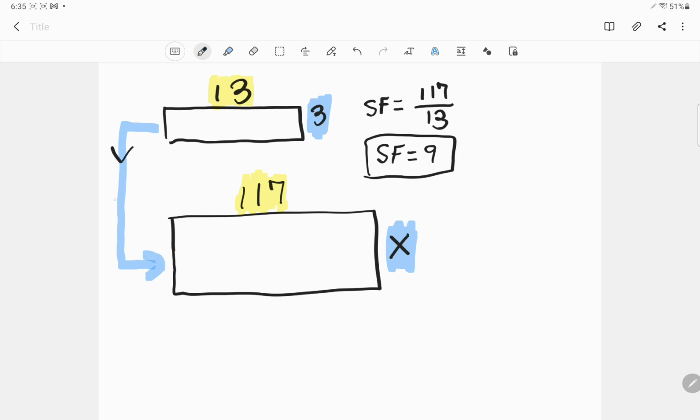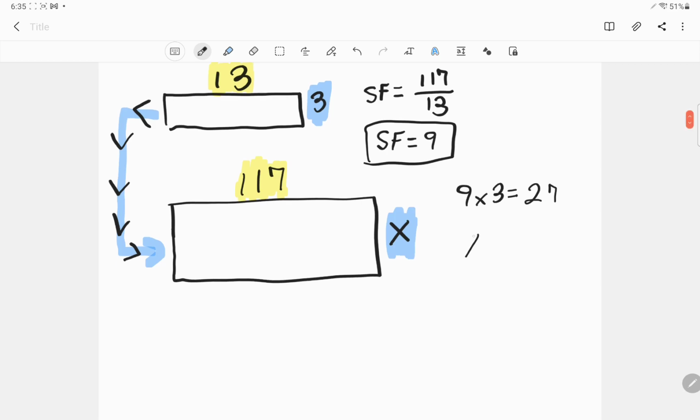I'm going to put little arrows because that's the direction that I'm going in, right? Because I have all my sides on the small one. I'm trying to look for the side on my big one. So I'm going to use the small one to figure out the size of my big one. So I'm going to use my scale factor and multiply by 3. So I have 9 times 3 equals 27. So X is equal to 27.